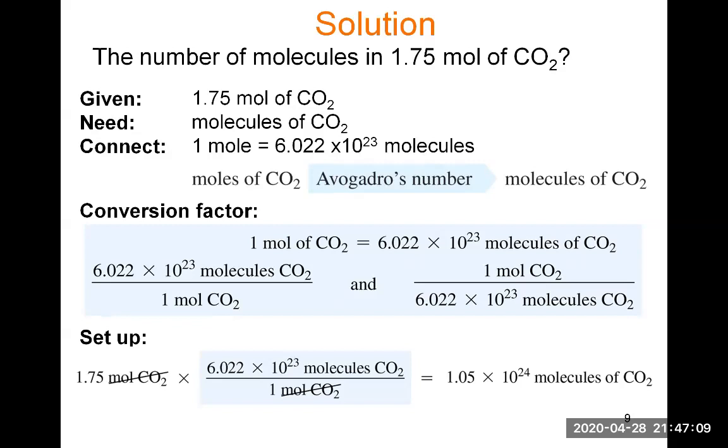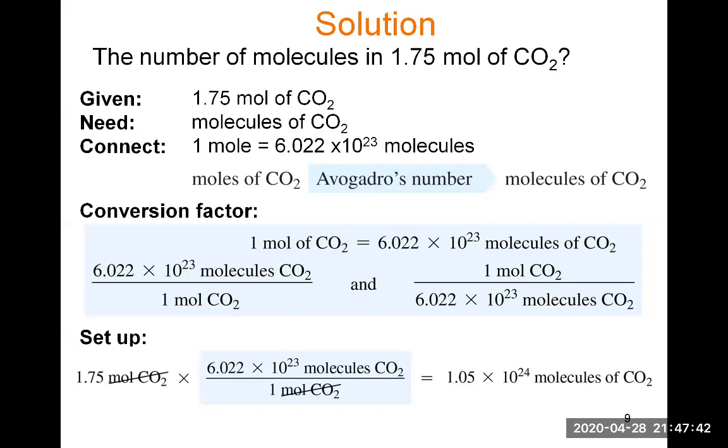In the calculator, you do 1.75 times 6.022, second function x minus 1, so that you get the capital E, and then type 23. Remember how the E stands for times 10 to the power. So you don't need to write times 10 and the caret key. All of this is not necessary. The E stands for all of that.